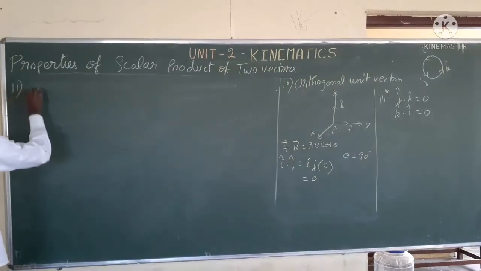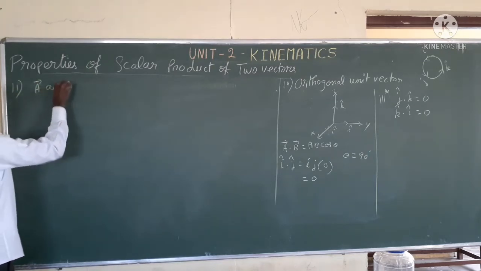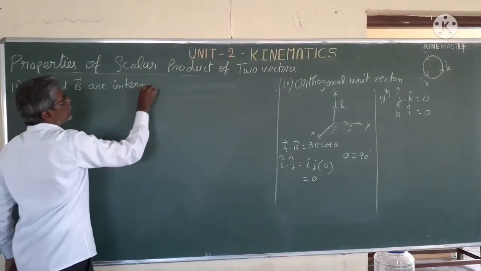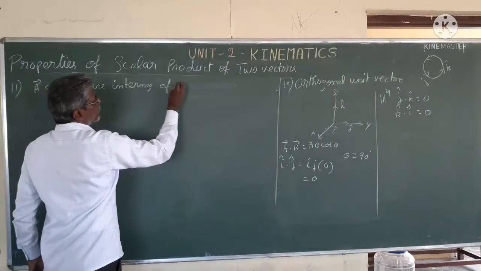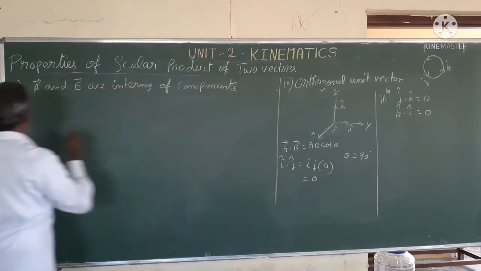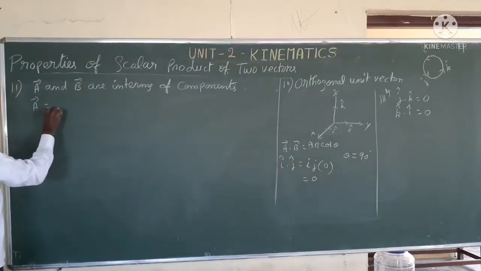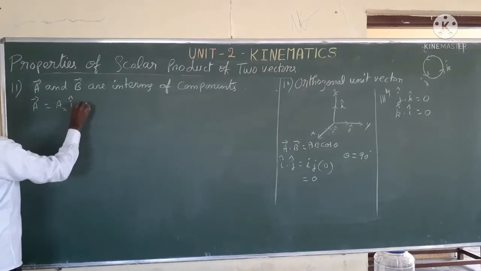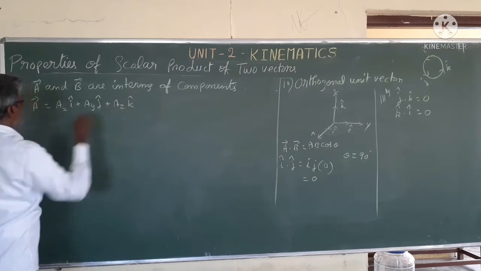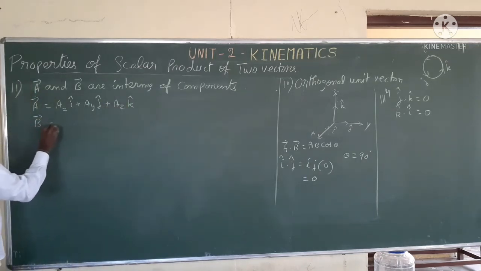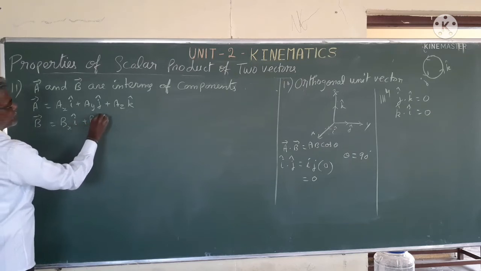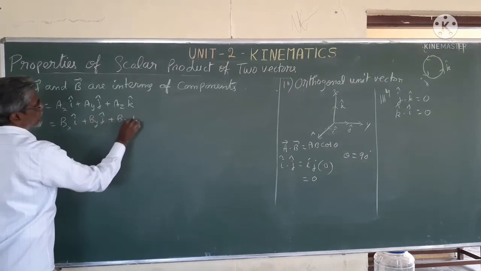Next we will go to the last property: A vector and B vector in terms of components. Let A vector be equal to AX I cap plus AY J cap plus AZ K cap, and B vector be equal to BX I cap plus BY J cap plus BZ K cap.